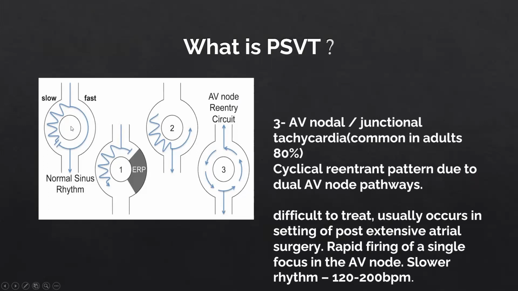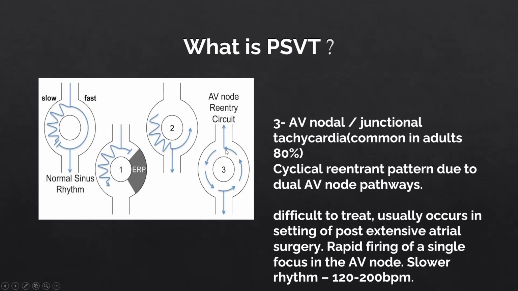Here is the physiology of the conduction in the normal heart. And just to say in short, it's a cyclical re-entrant pattern due to dual AV node pathways, from the slow and fast conduction, and this type will create a circuit.